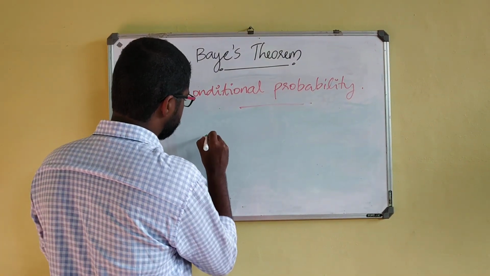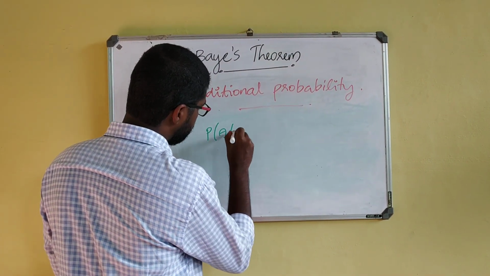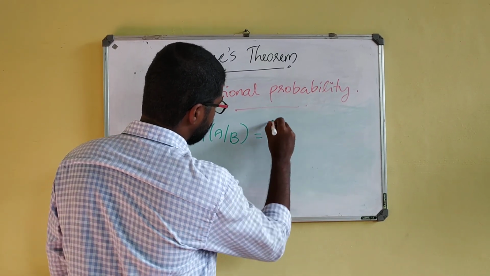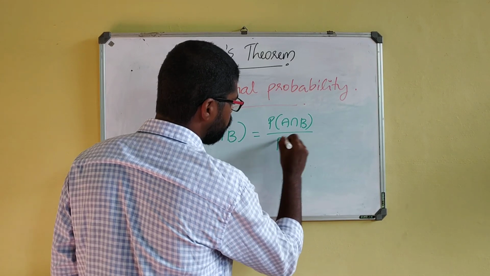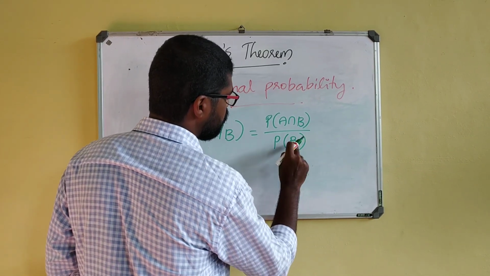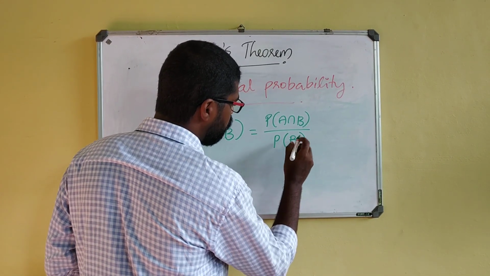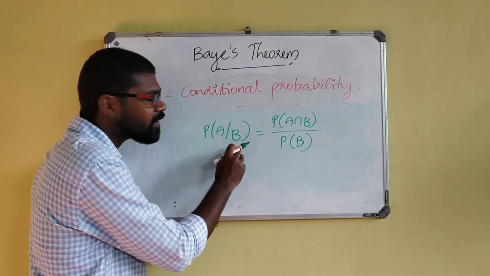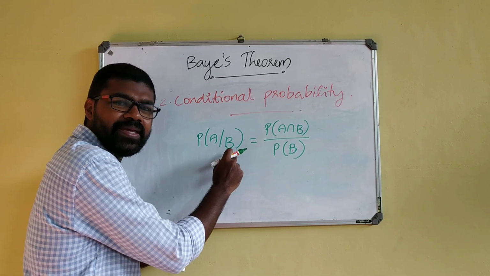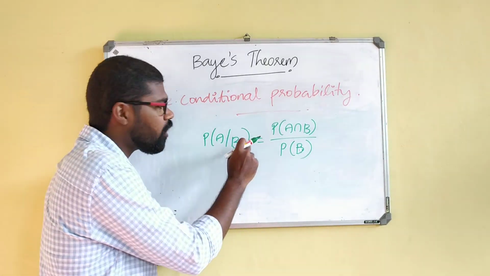The equation is probability of A given B is equal to probability of A intersection B divided by probability of B. That means, what is the probability of A given that the event B has already occurred?